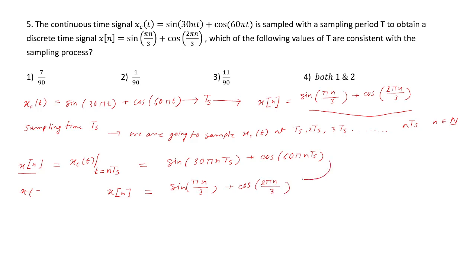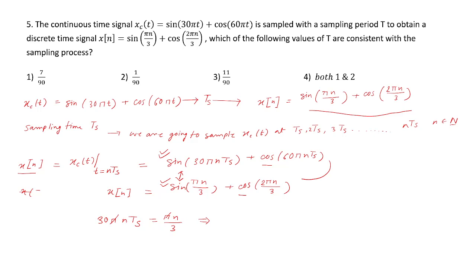So let us compare these two. Forget about this cos term, let us compare these two. This sine 30 pi nts and sine pi n by 3 should be equal. So let's make them equal: 30 pi nts is equal to pi n by 3. We can see both sides have pi, so we can remove pi.